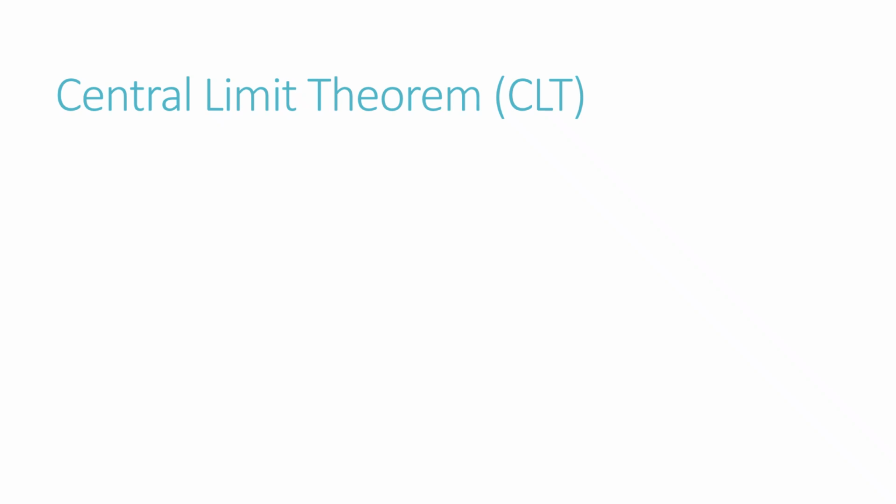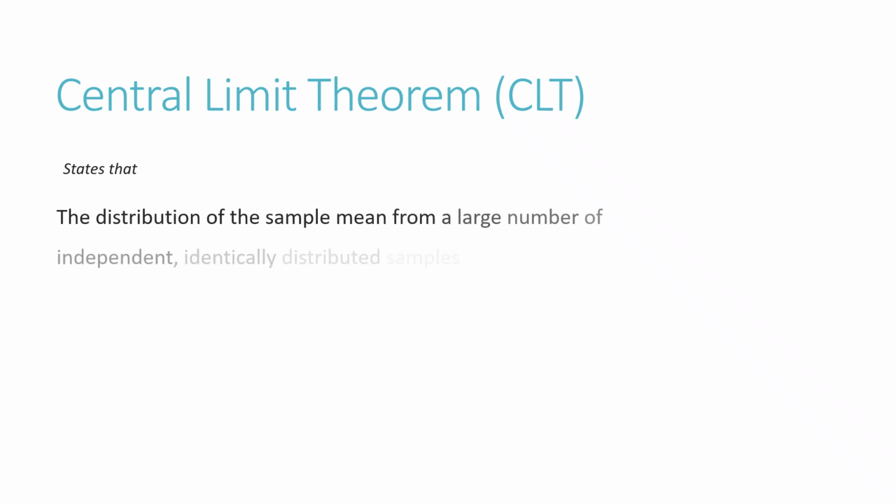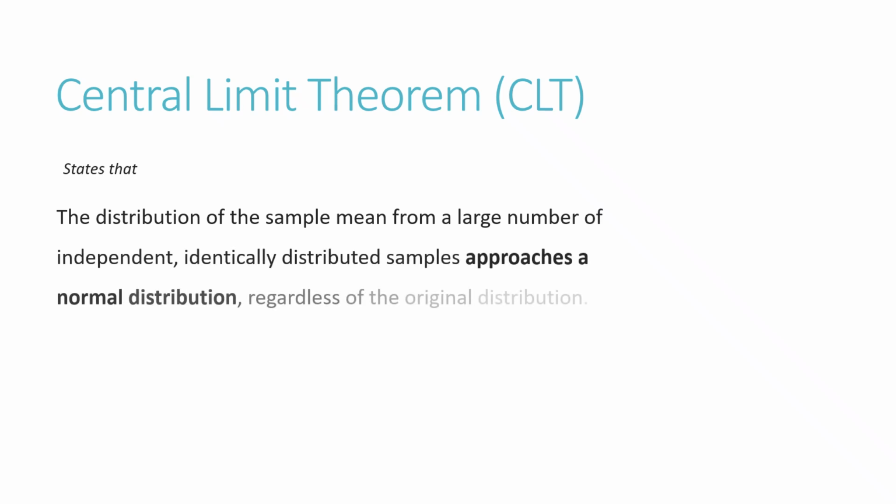The phenomenon we just explored forms the basis of what we call the central limit theorem, or CLT, which states that the distribution of the sample mean from a large number of independent, identically distributed samples approaches a normal distribution regardless of the original distribution.